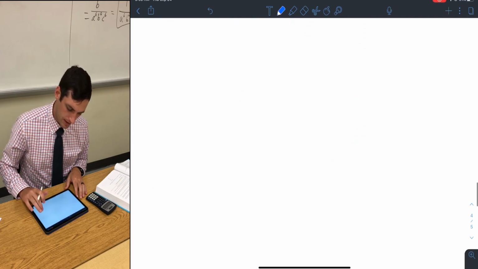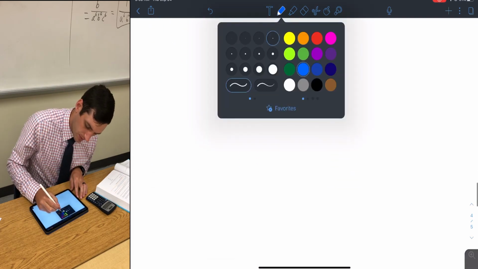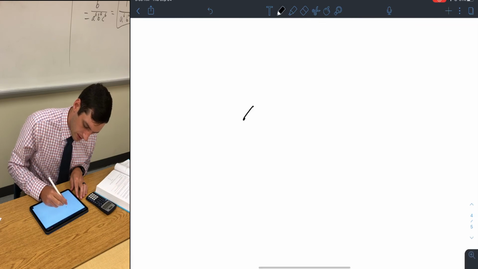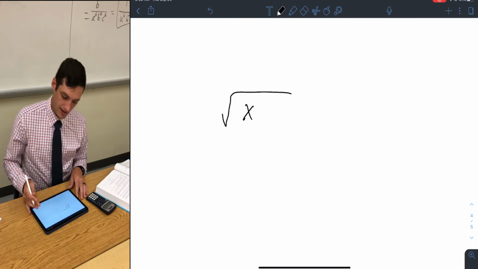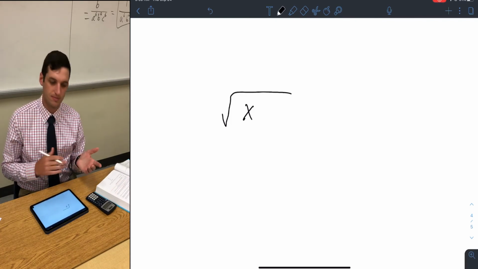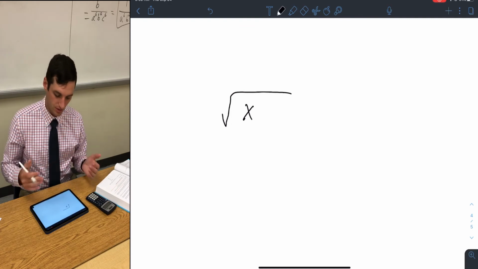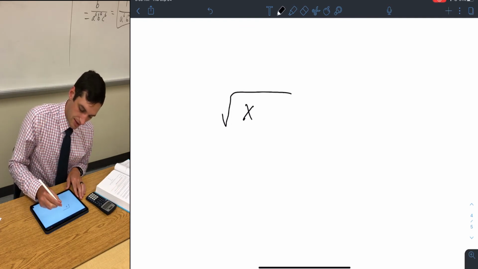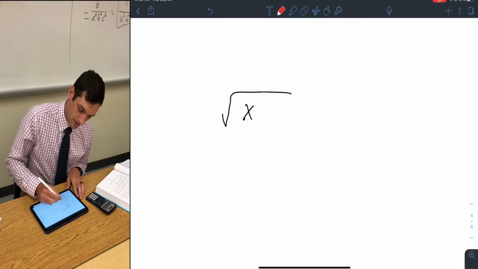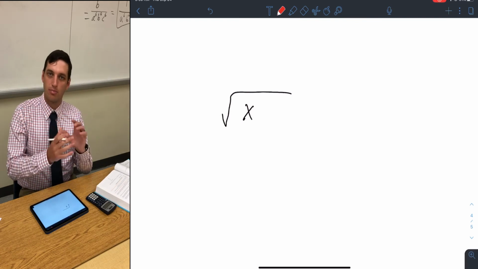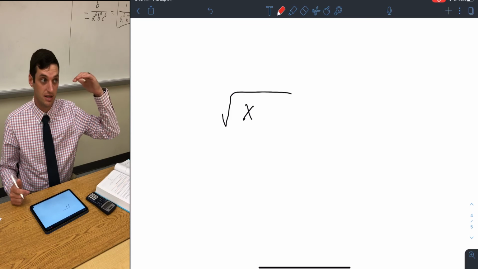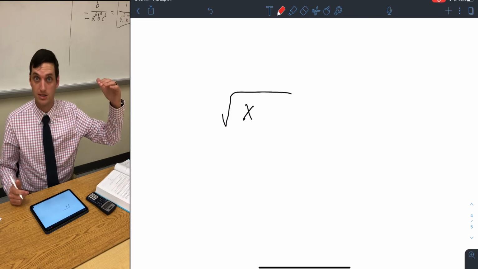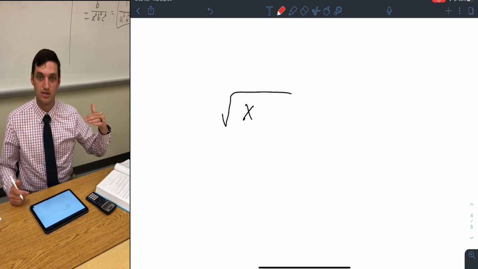Now, I'm going to show you real quickly what all of these things are called. I'm just going to leave this as a square root because mostly what we're going to deal with is square roots. All the parts of a square root have different names, kind of like how a fraction has the numerator, which is the top number, and the denominator, which is the bottom number.